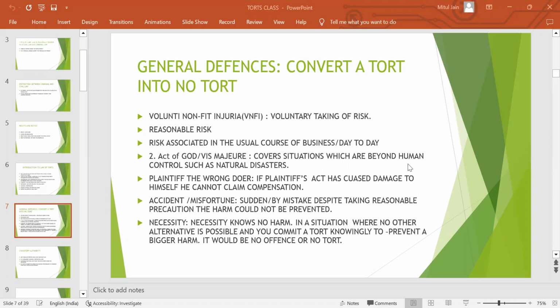Do they sound similar? Do they look similar? No, the plaintiff is aware of the risk in VNFI.